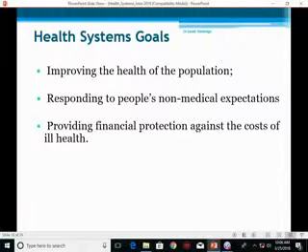It's called catastrophic expenditure. So you have to have mechanisms in health systems to safeguard those people. If they get a certain illness, they will not become poor. Those who are not poor now can become poor because of illness. So we have to protect people from going into poverty because of illness.